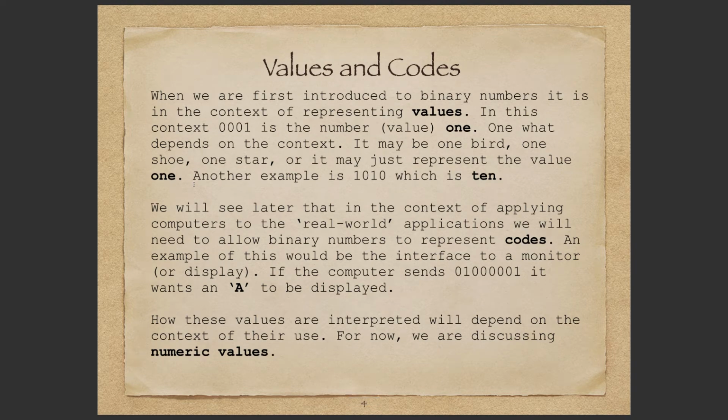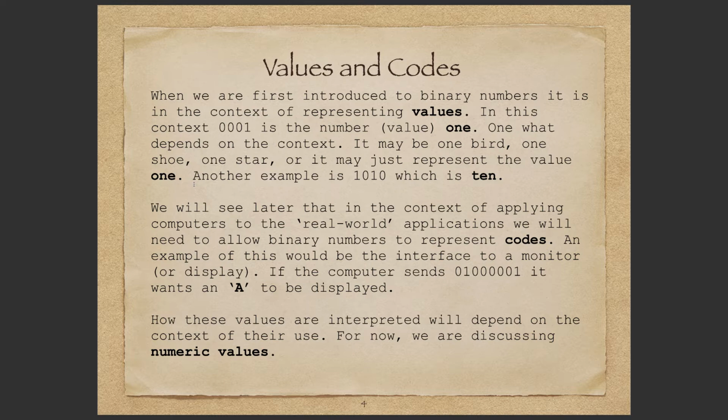So when we come to the values represented within a computer, you have to keep in mind that it's the context that determines what you interpret that value as. As we're learning here, and we'll see a little bit more, is that one way is to represent values. So if you're creating a spreadsheet where you want to create the salary of all your employees, you want to be dealing with numerical values.